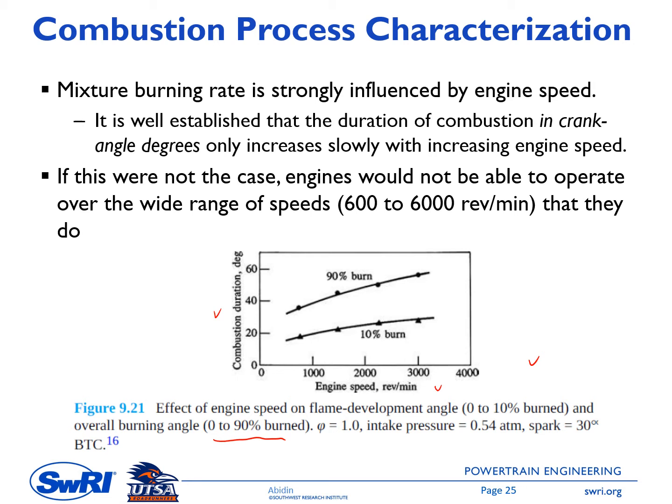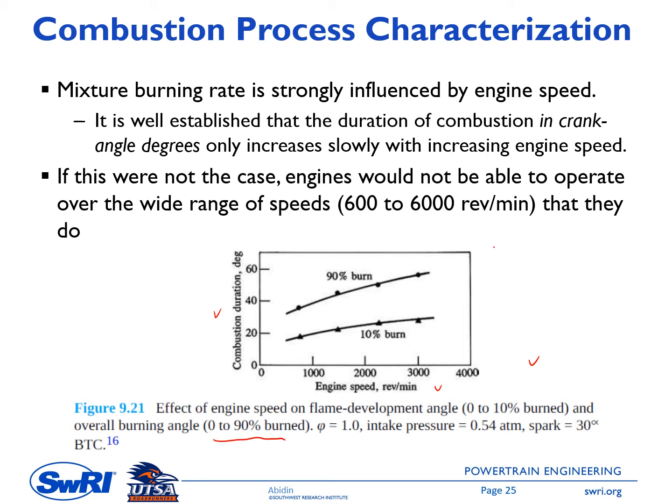This should happen, otherwise the engine would not be able to operate over a wide range of speeds. So what does this mean? 10-degree crank angle at 3000 RPM is much shorter in real time than 10-degree crank angle at 1000 RPM, because at 3000 RPM the engine speed is 3 times that at 1000 RPM.